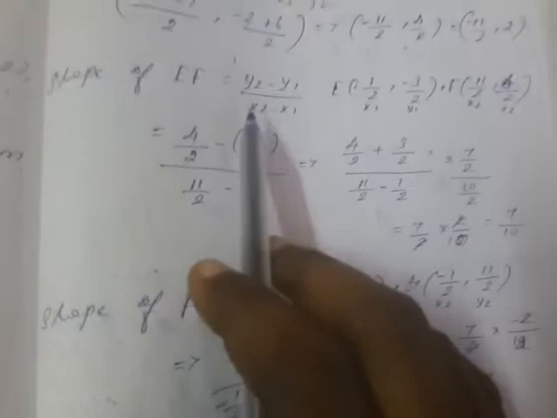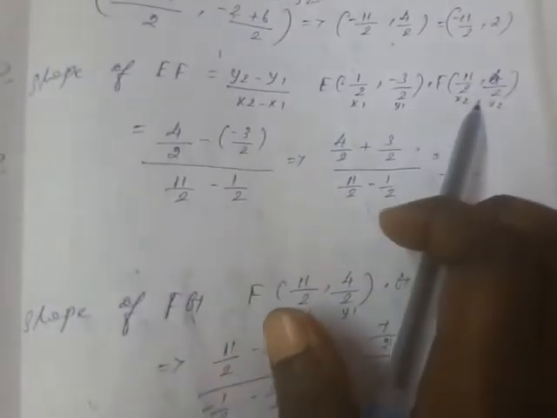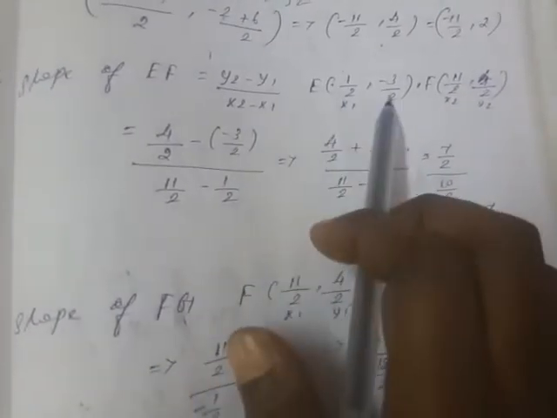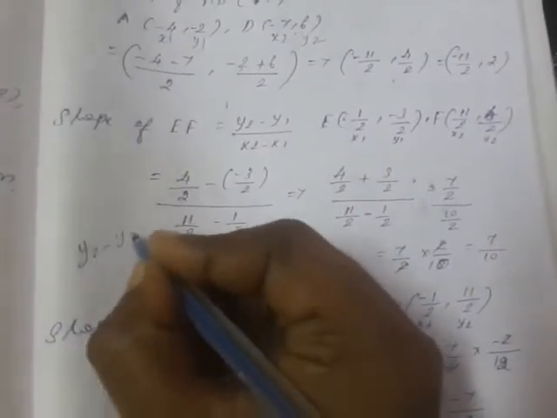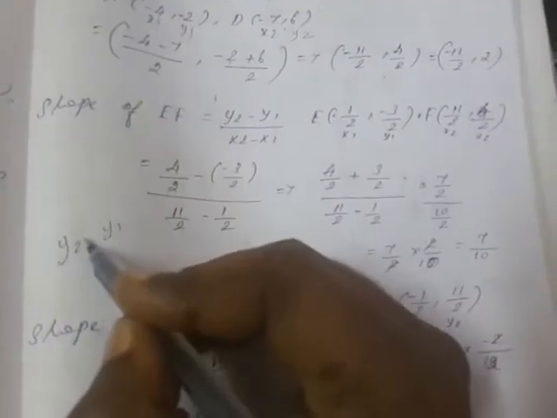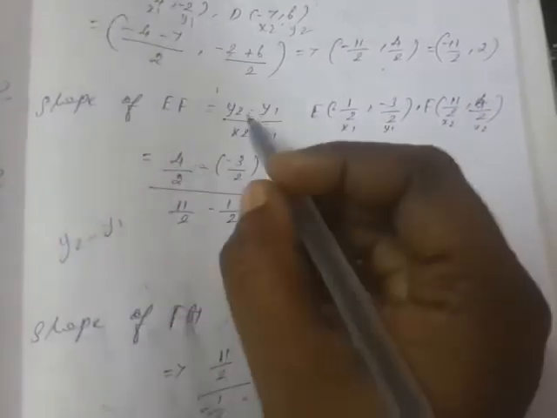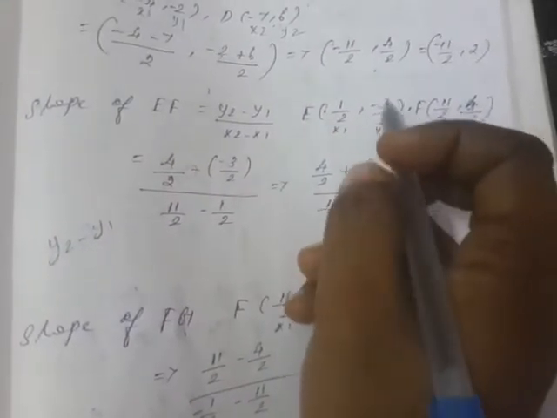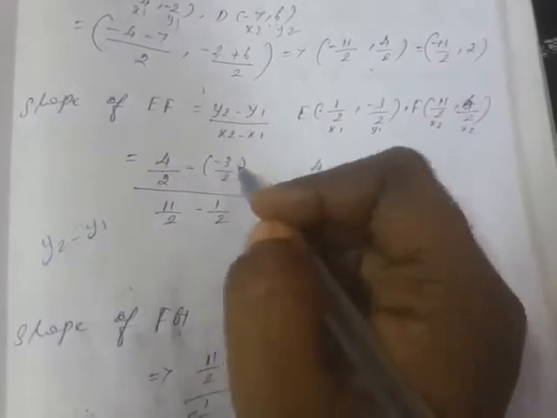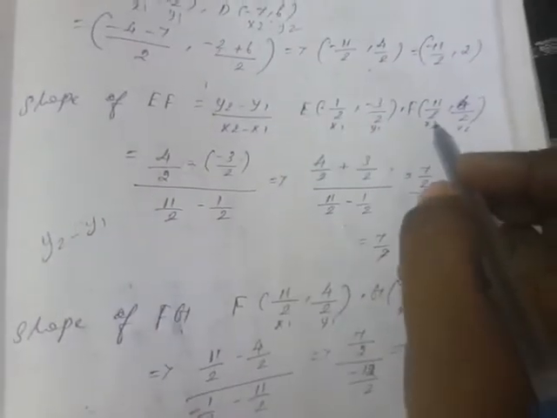So Y2 minus Y1: Y2 is 4 by 2, minus Y1, and Y1 is -3 by 2, so I have to put it in a bracket. By X2 minus X1, which is 11 by 2 minus 1 by 2. So listen.